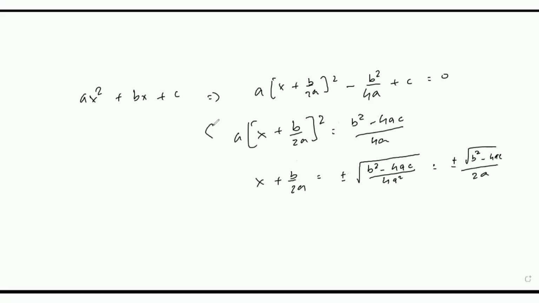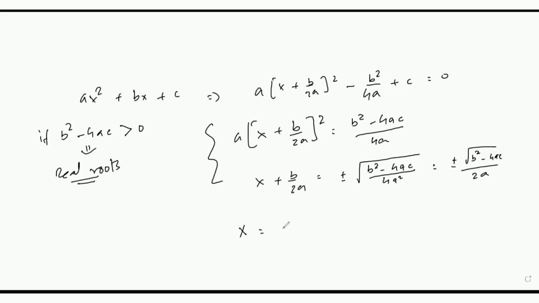Now, from here, you can immediately see that if b squared minus 4ac is greater than 0, we have real roots. We shall get this in another way later, but we'll get back to essentially the same criteria. We shall use calculus later to also figure out the same exact condition.